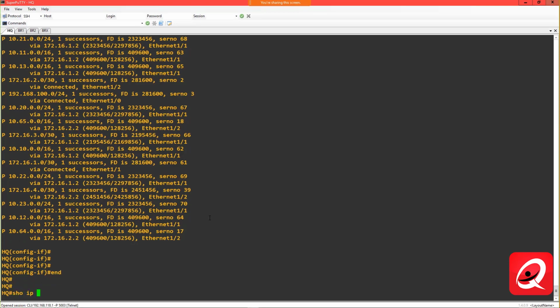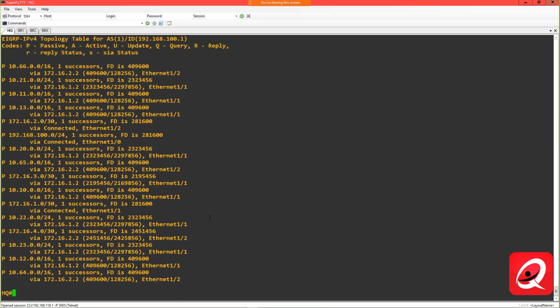Show IP EIGRP topology. So we certainly wouldn't see it there, but I should see it as part of all-links. Really, really strange.